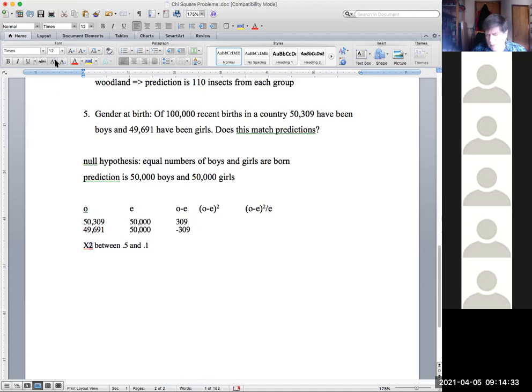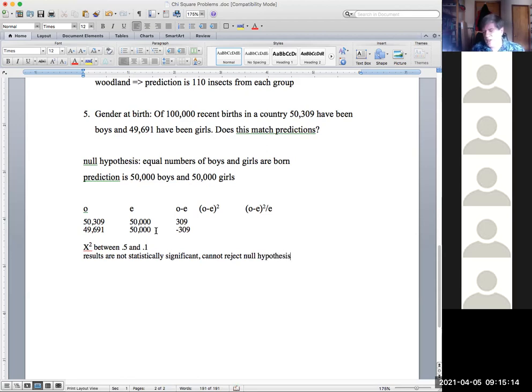Well, remember that for these results to be significant, chi-squared has to get all the way over to 0.05. So in this case, you would say that these results are not statistically significant. And this means that we can't reject the null hypothesis.